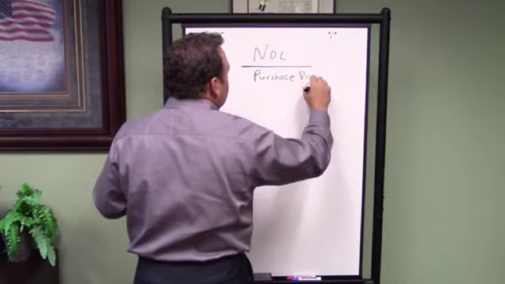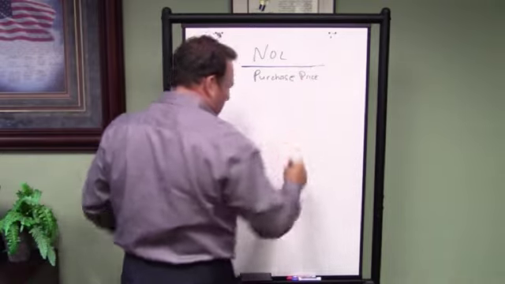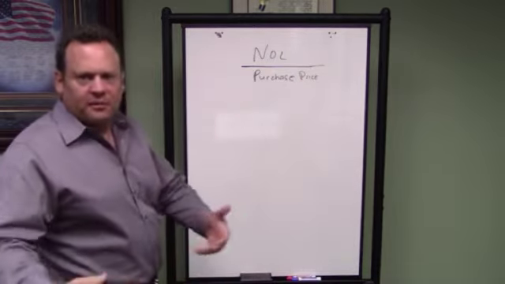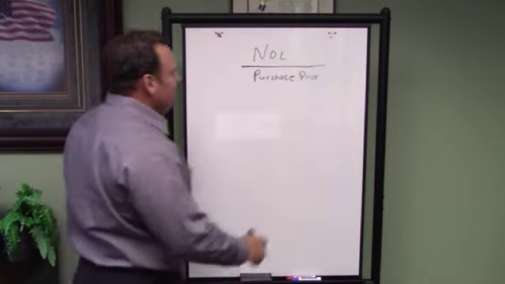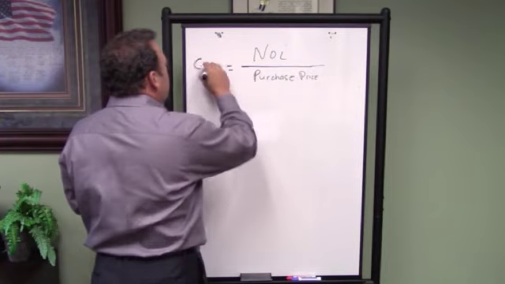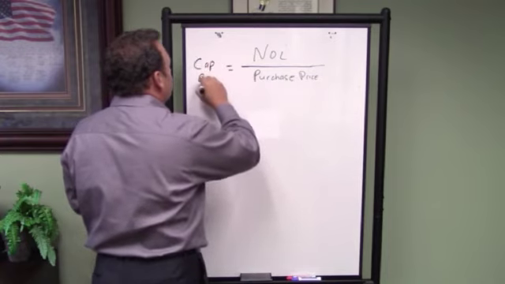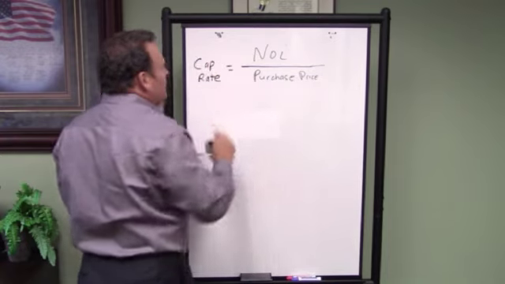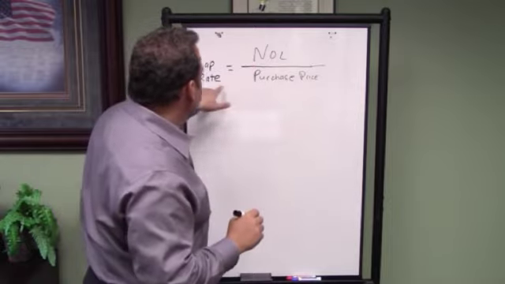But let's say it's the purchase price that you are offering or that you're going to base your numbers on. That is going to give you your cap rate. So NOI divided by purchase price is cap rate.